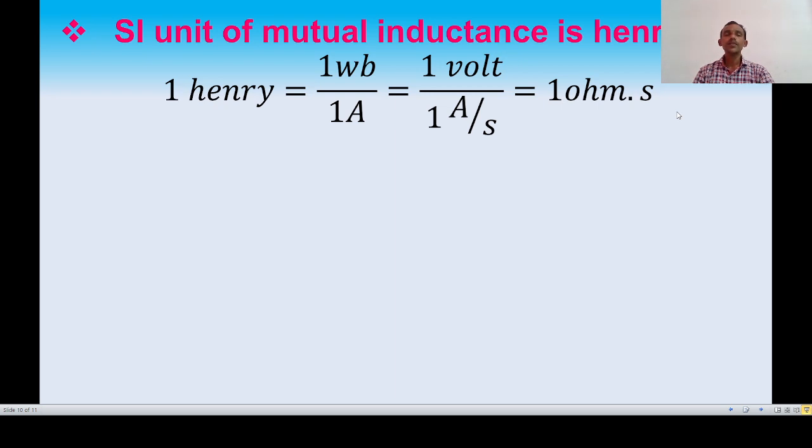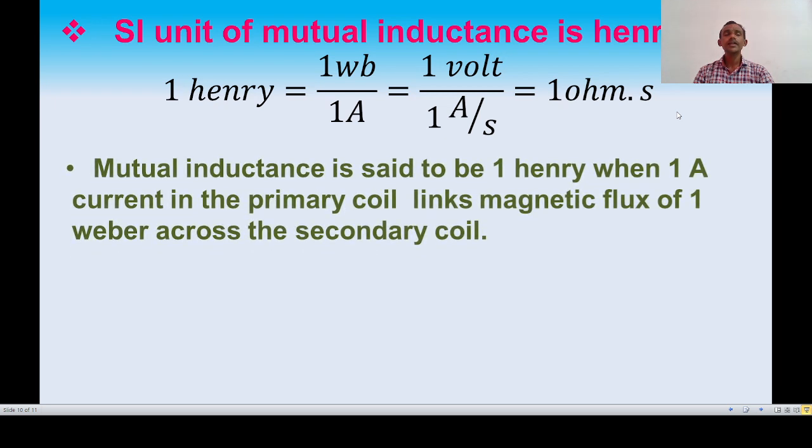From the formula 1 Henry is equal to 1 Weber per 1 ampere, we can define 1 Henry as follows: mutual inductance is said to be 1 Henry when 1 ampere current in the primary coil links the magnetic flux of 1 Weber across the secondary coil.